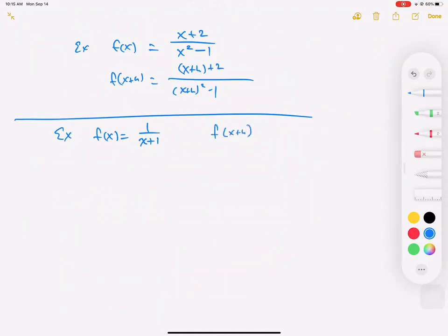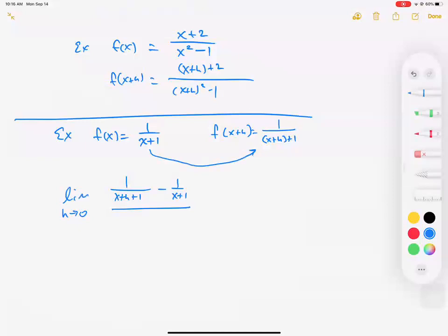Our new version is 1 over x plus h plus 1. That's my new version. I only changed the x and made it the upgrade version. So to do this problem, we write the limit as h approaches 0, and we write our two versions there: 1 over x plus h plus 1 minus 1 over x plus 1, all over h. The goal is to not overthink it, just copy it.